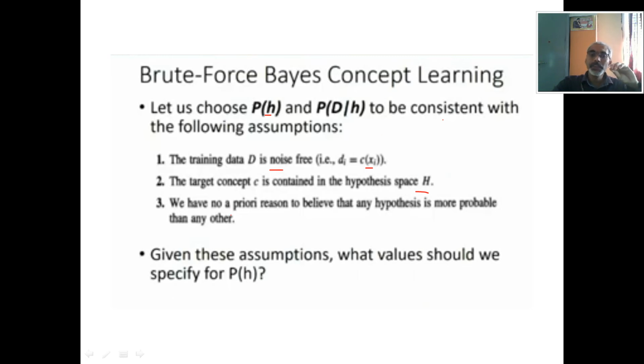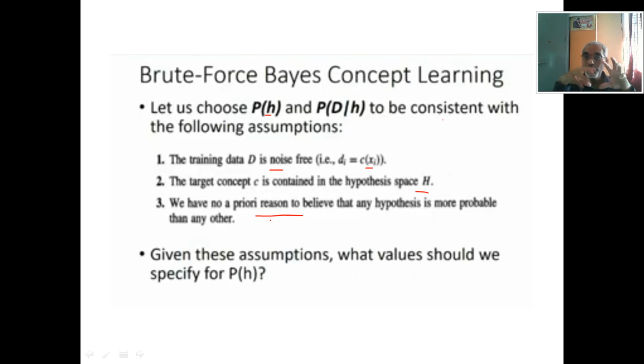The third assumption: when no prior knowledge is given, we have no prior reasons to believe that any hypothesis is more probable than any other.